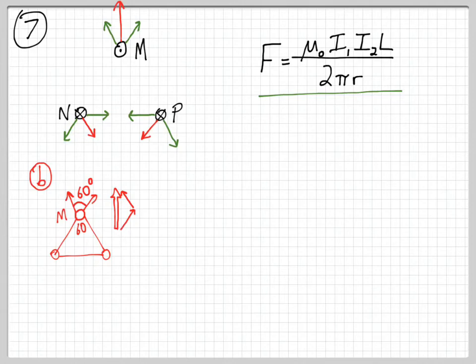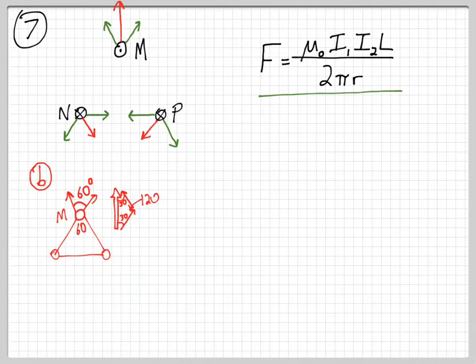If I've displaced them like that, that angle's 30. This angle is also 30, which adds up to 60, which means that this other angle is 120. So you could use law of sines or cosines to find the left side there if you wanted to.